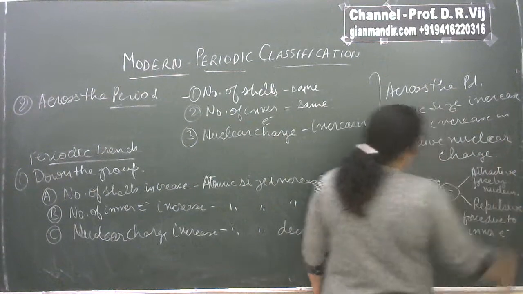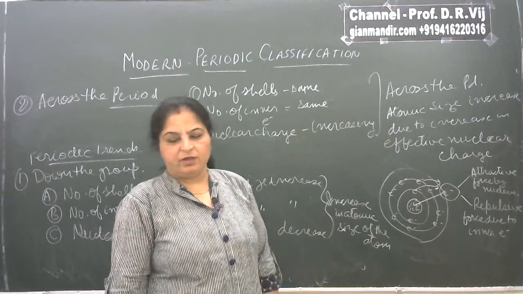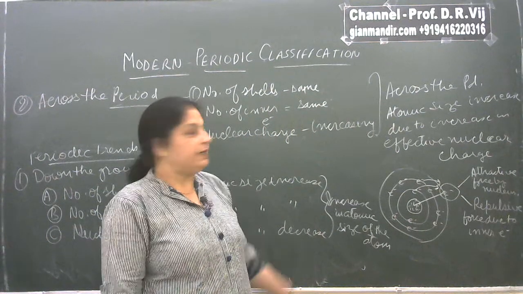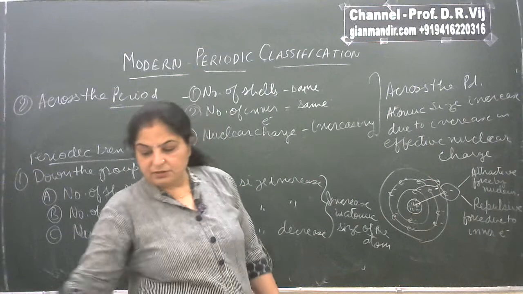So there is increase in effective nuclear charge across the period. That's why we observe a decrease in atomic size.